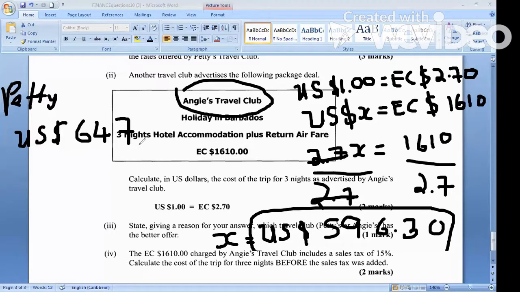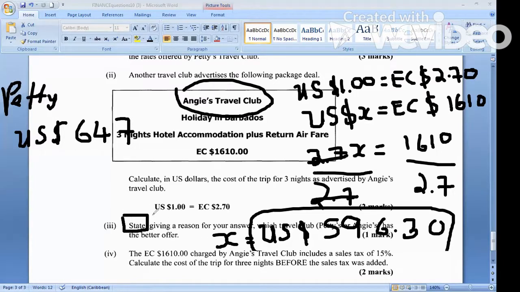So you say Angie's offers the better rate because it is X amount what? Cheaper. If you just write because it's cheaper, it is insufficient. It says state which one is better, but if you say it's Angie's because it's cheaper, you probably wouldn't get the mark.